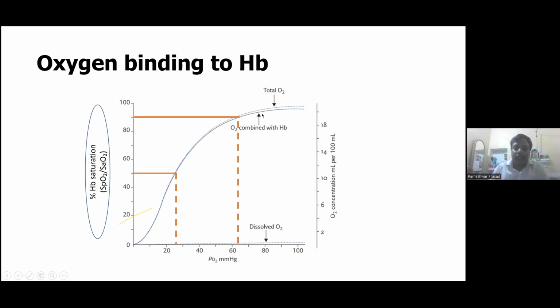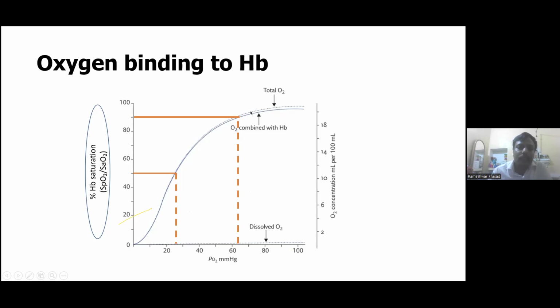Now, you see what is happening before this. If PaO2 value goes below this 55 or 60 millimeter mercury, the hemoglobin saturation falls rapidly. If PaO2 value goes above this 60 millimeter mercury, however, the hemoglobin saturation does not increase much.